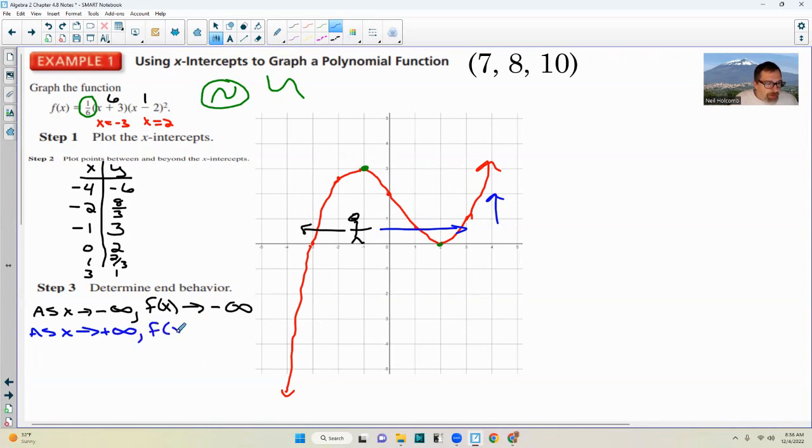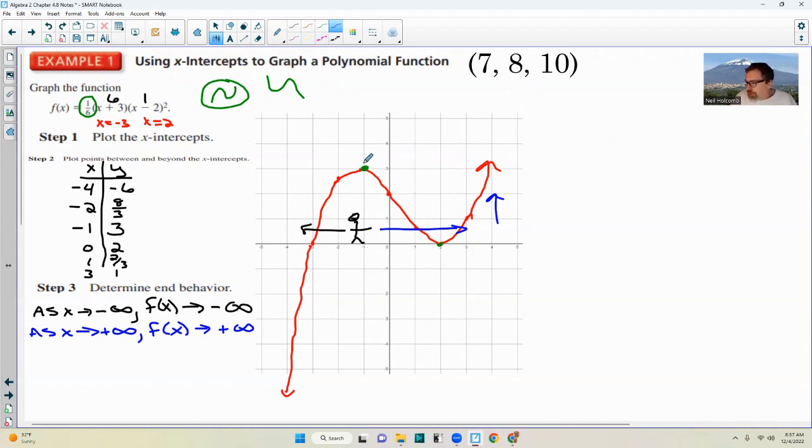F of x is approaching... Let me clean that up a little. So as we go to the right, the function's going up. So there's the end behavior, and this is going to determine where this function goes after all of our turns, if you will, our turning points. So there's step 3.